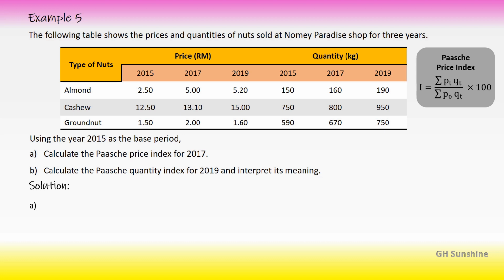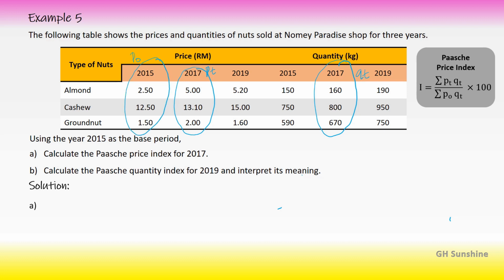So where is PT? PT is based on 2017. Here is PT. Okay, then QT. QT is based on 2017. Here is QT. And the last one, P naught. P naught is based on 2015.